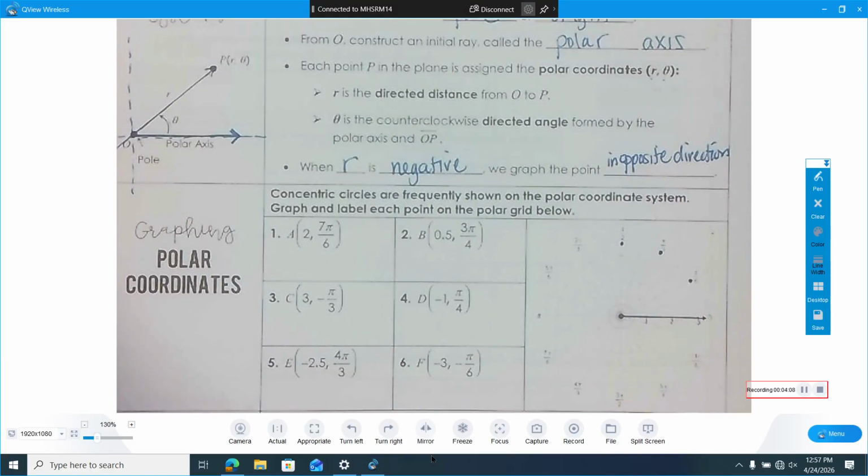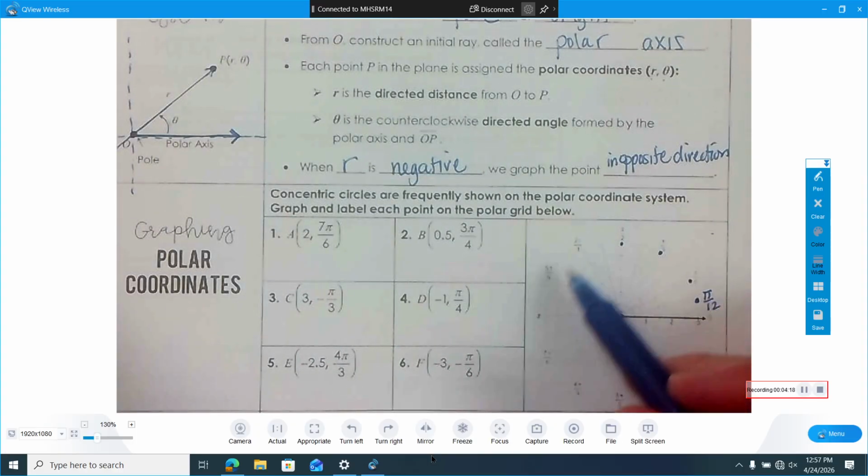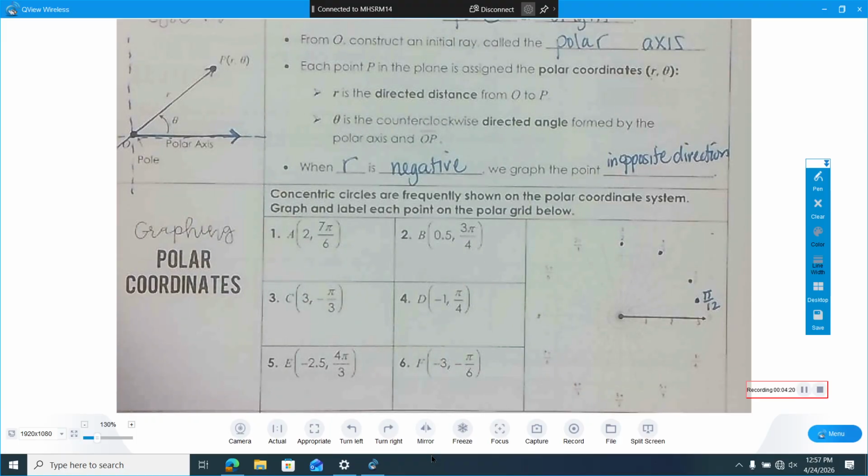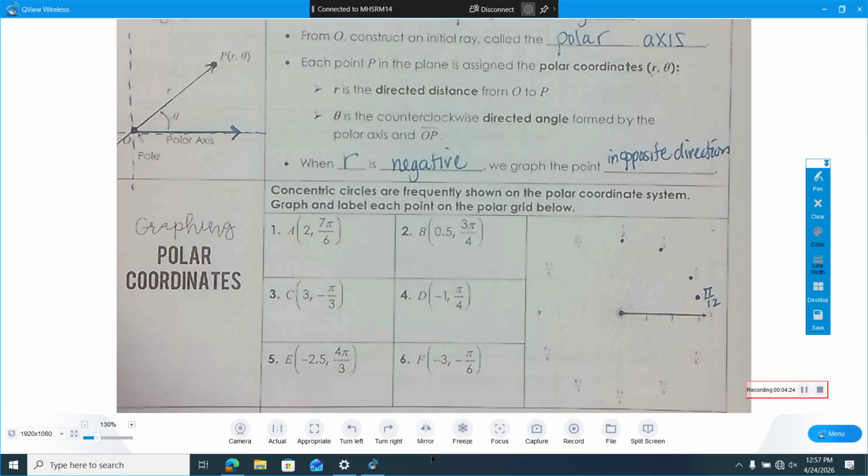So these are our normal graphs, but we've split them. What is this point? Pi over 12. Very good. You could count pi's over 12 all the way around here. It is just our normal unit circle, essentially, but divided into pi's over 12 instead of just pi's over 6.